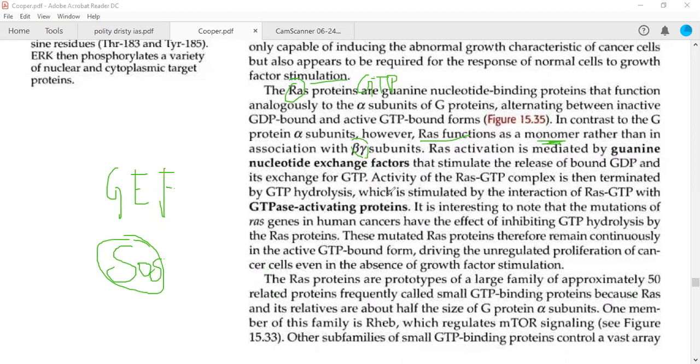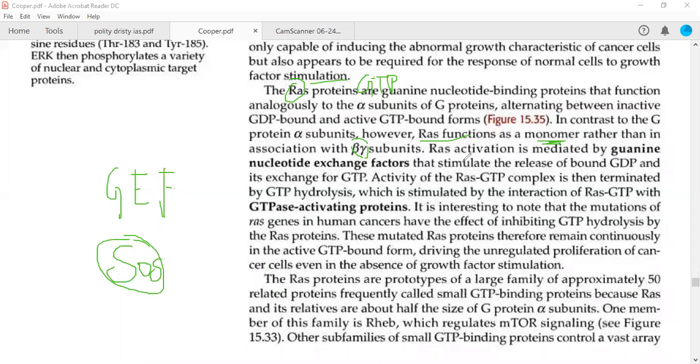The second thing you need to note here is that this GTP will be fresh, it will come as a new molecule. It is not like the GDP will be converted into GTP. It never happens. The GDP will be replaced by GTP because the cell has a high concentration of GTP. So GDP can be easily replaced by a GTP molecule and this will help in activation of the RAS protein.